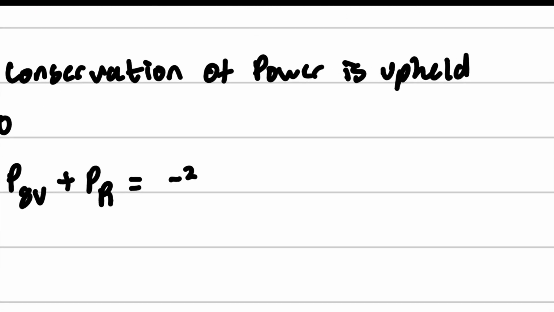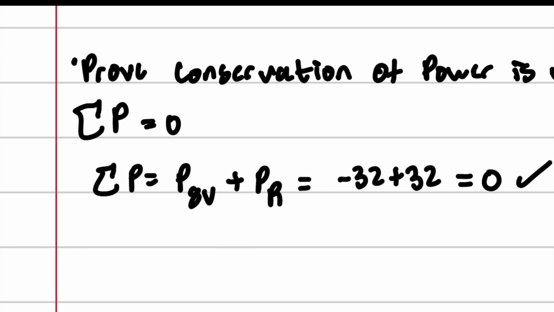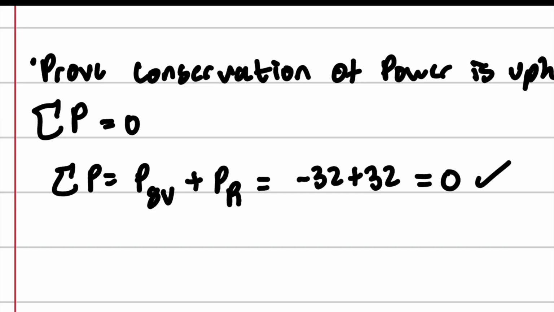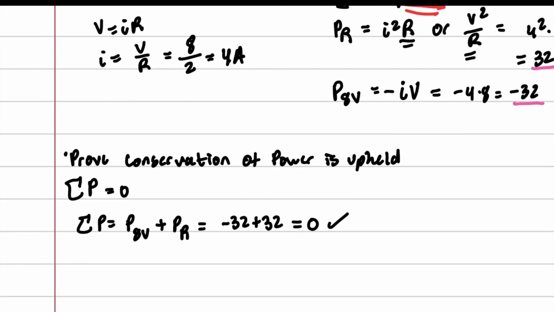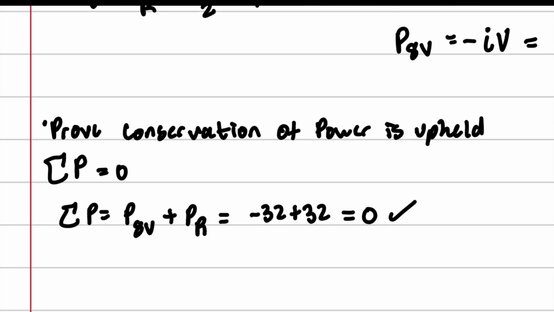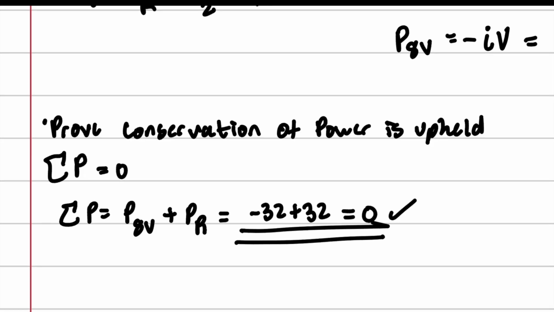Negative 32 plus 32 equals 0. So we know that we did this right, and we didn't invent energy or invent any power. There is a loss of power into the system, but there is no magic power coming in and out. This is how you know that you are correct.